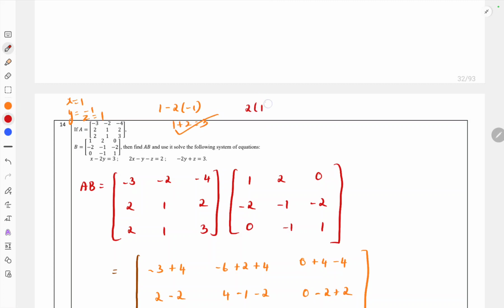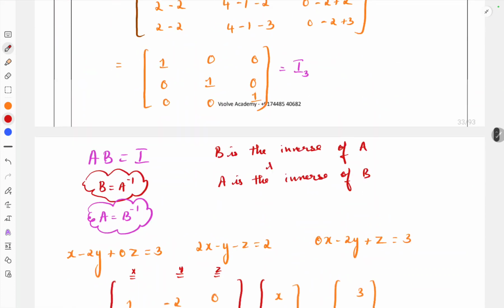Second: 2 into 1 minus of minus 1 plus 1 minus 1, so 2 plus 1 is 3, 3 minus 1 is 2. The second equation is also satisfied. Third: minus 2 into y, which is minus 1, plus z, which is 1, so 2 plus 1 equals 3. The third equation is also satisfied, which means our answer is correct.